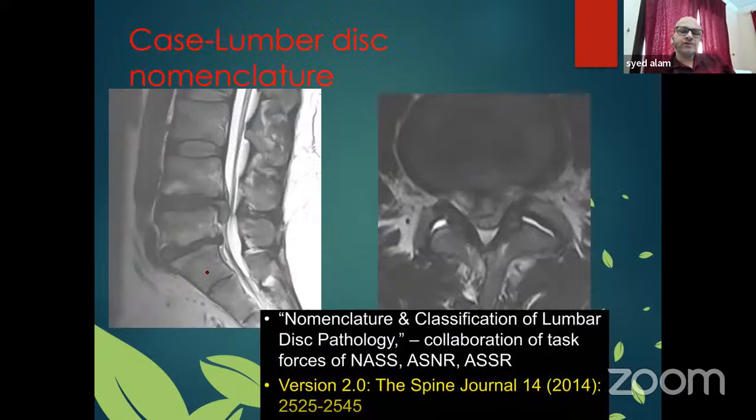Another problem is that the spine is reported by many radiologists, neuroradiologists, orthopedic radiologists, and sometimes they speak very different languages. So far, two or three conferences have been held by neuroradiologists and many associations.